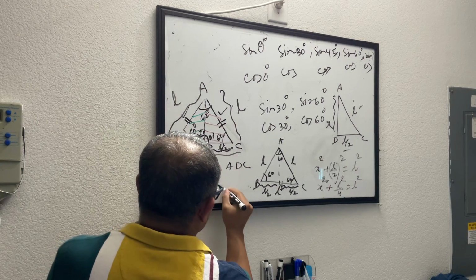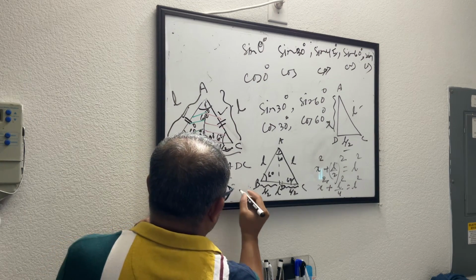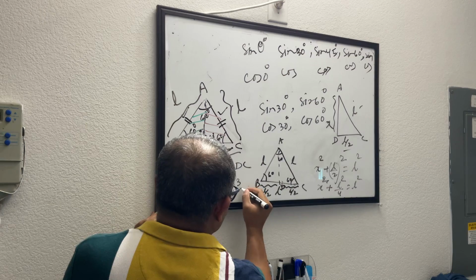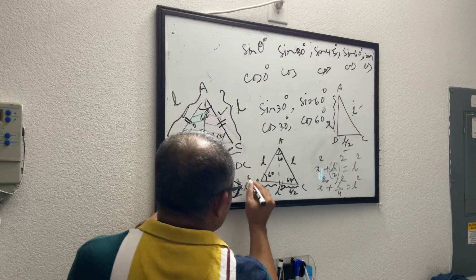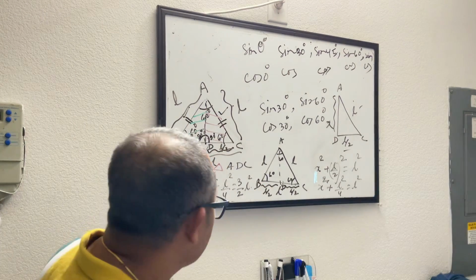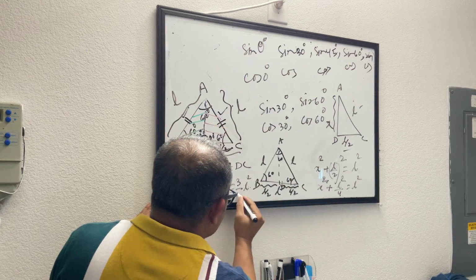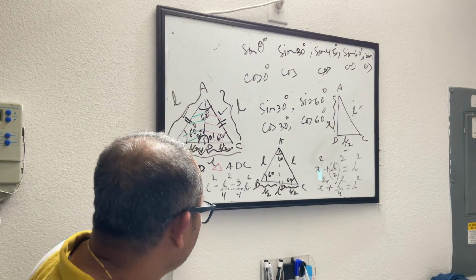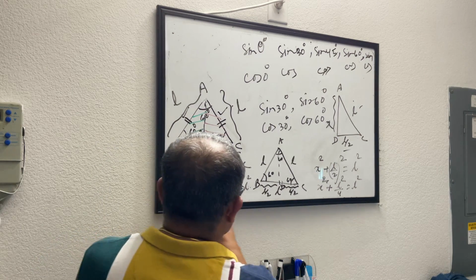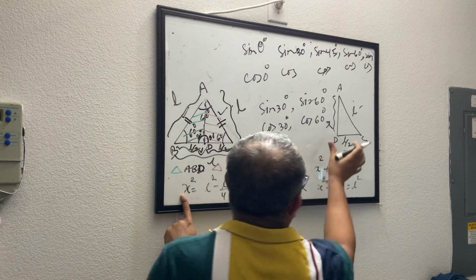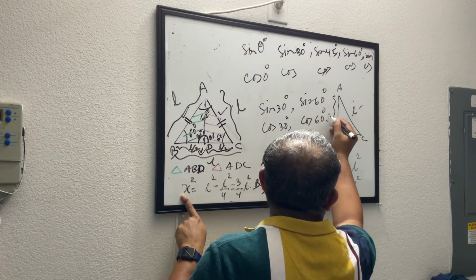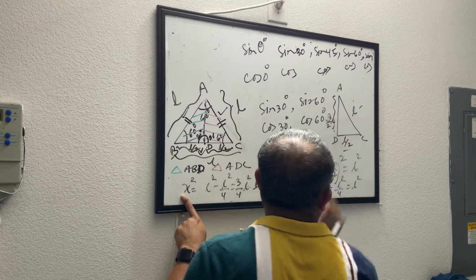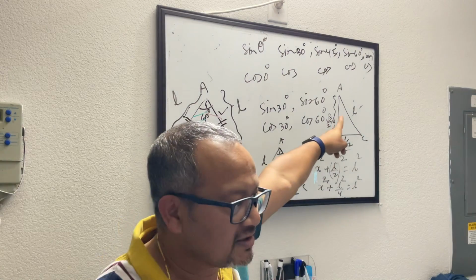That becomes 3 by 4 L square, my bad. When you do a square root of both the sides, you will find that this x is equal to root 3 by 2 L. So this became root 3 over 2 L. Now you have all the sides.